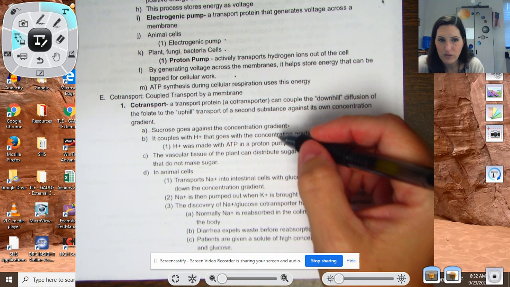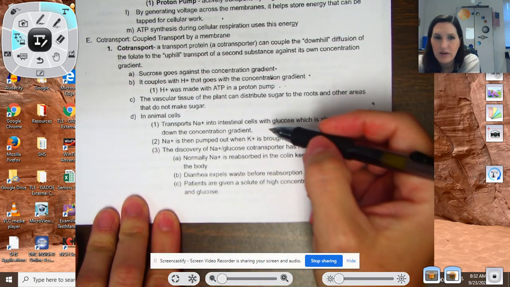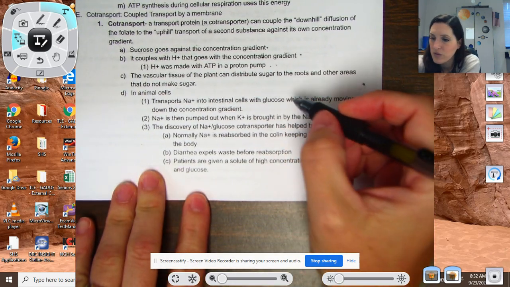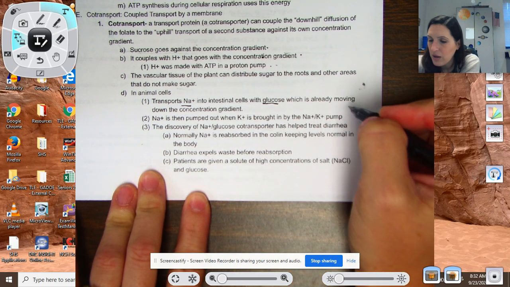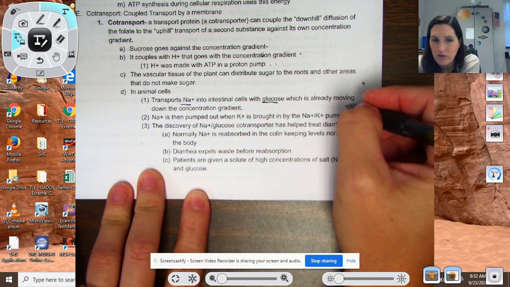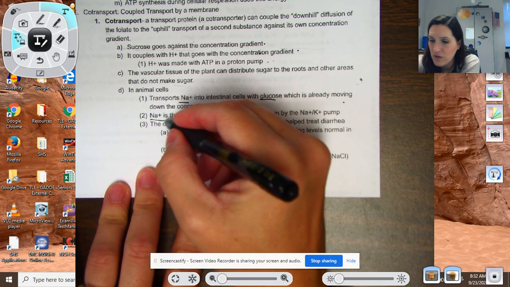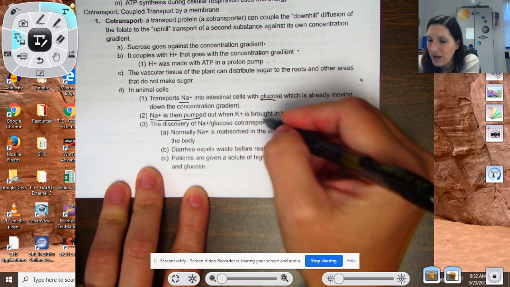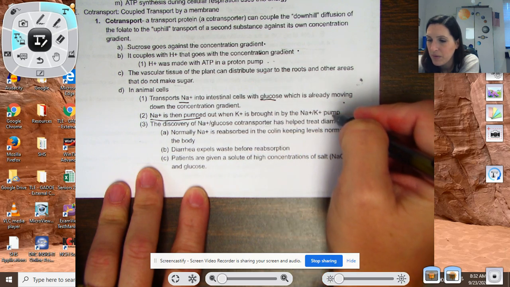In animal cells, there is transport of sodium in the intestinal cells with glucose. So this is sodium with glucose, which is already moving down the concentration gradient. Sodium is pumped, so this is active, when potassium is brought in by the sodium-potassium pump.